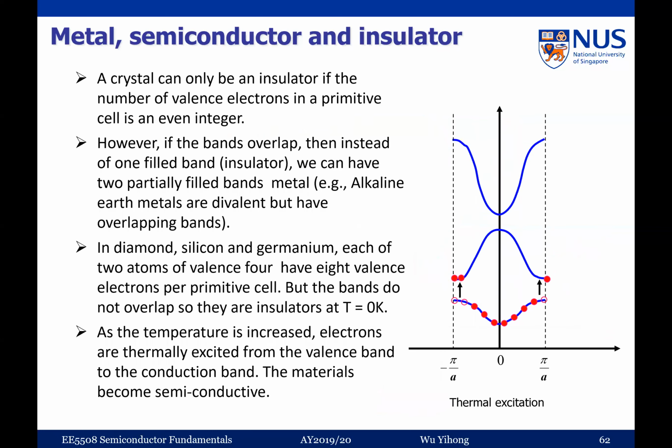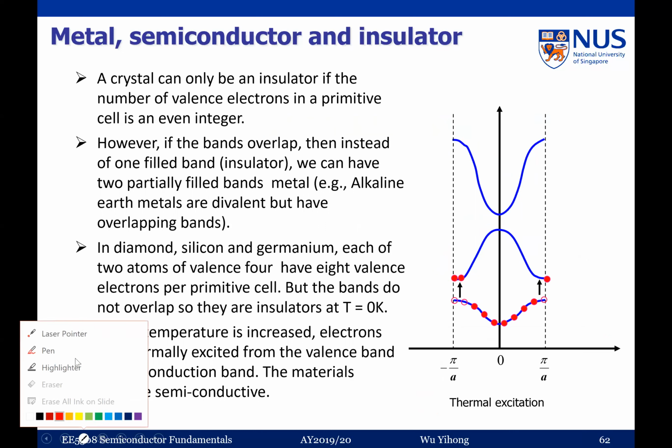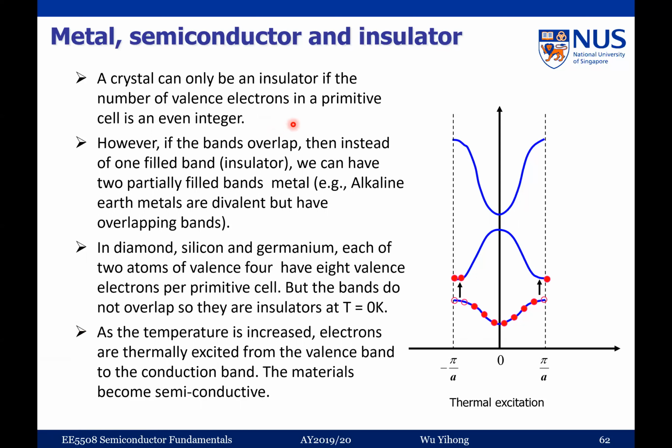So in general, a crystal can only be an insulator if the number of valence electrons in the primitive cell is an even integer.